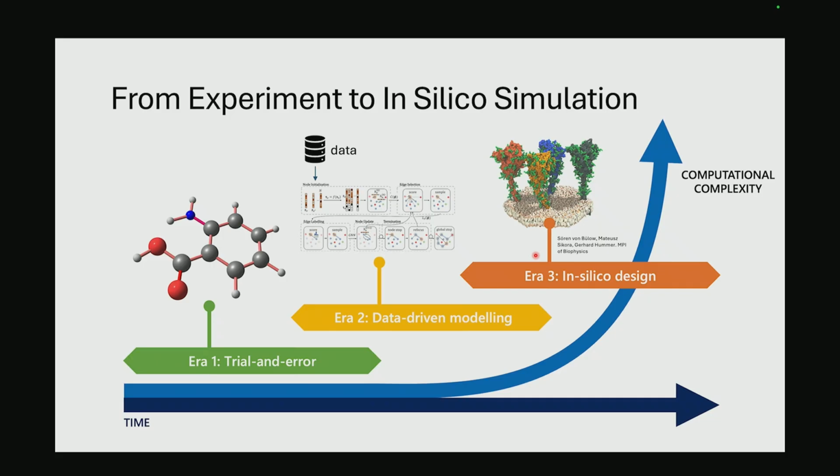It's maybe not as good as the real thing, but you get very valuable information with which you can design a new experiment, so you have to do fewer experiments in the end. That's the first part: pushing more and more of the experiment into simulation.